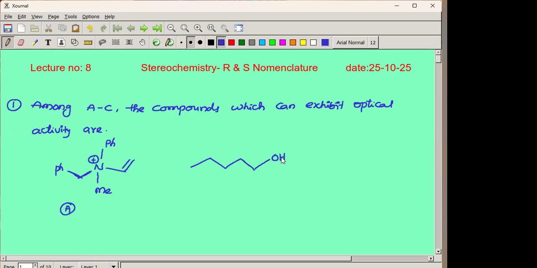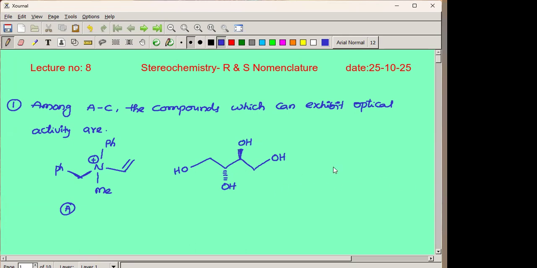The second molecule is given like this. Here it is OH, and here it is also OH. This is represented with a dotted line, and this one is represented with a thick line.